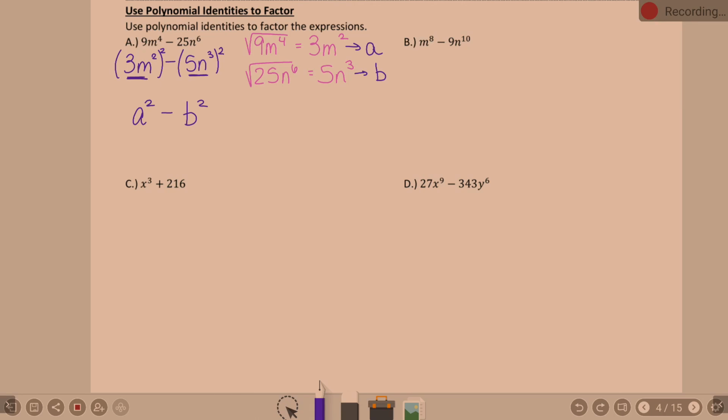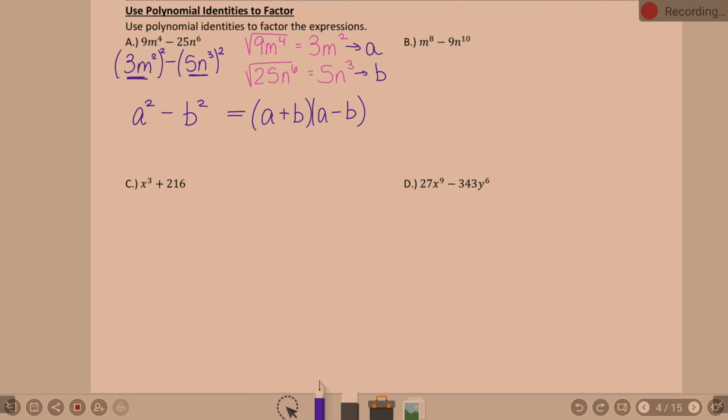Okay, so basically I've written that so you can see it's a squared minus b squared. Well, what's the formula for a squared minus b squared when you factor it? Up above it says, which order is it in? Not that it matters, but a plus b times a minus b, yes?